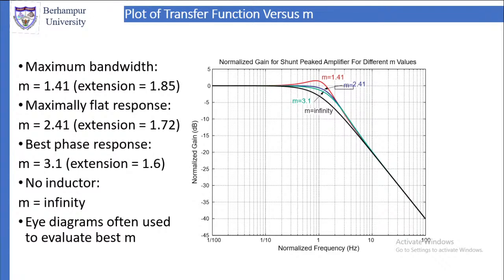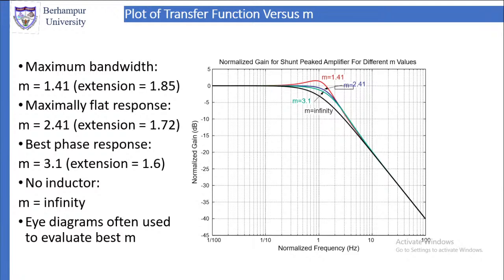Maximally flat. Now in the maximum bandwidth you can see gain does not remain constant. Gain starts to increase after about when the normalized frequency is 1 by 10. After 1 by 10 gain goes on increasing to the peak value, then after the peak it starts dropping.